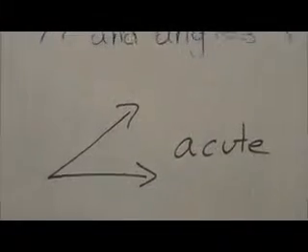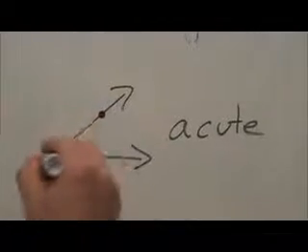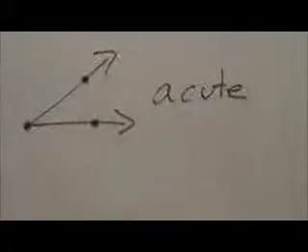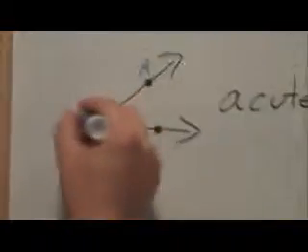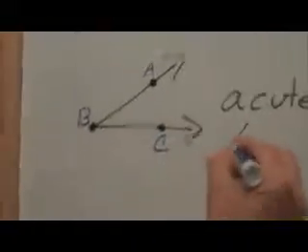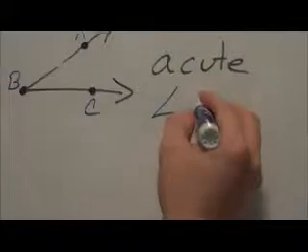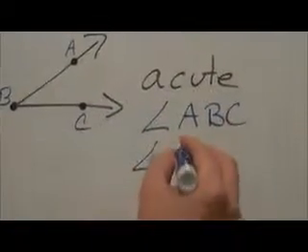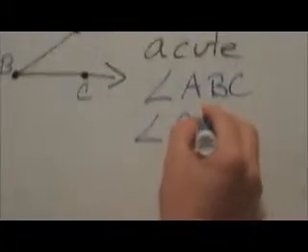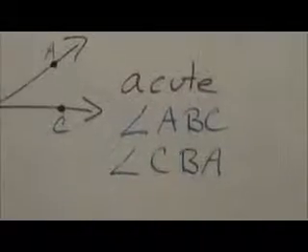Now, where we've got to go further is we will actually have points on our angle. I will call these points A, B, and C. This is how we would write this: this is angle ABC, or this is angle CBA. Here's something I need to point out.